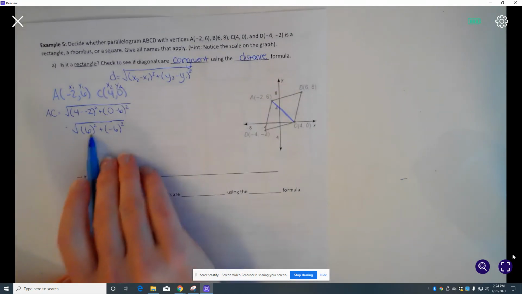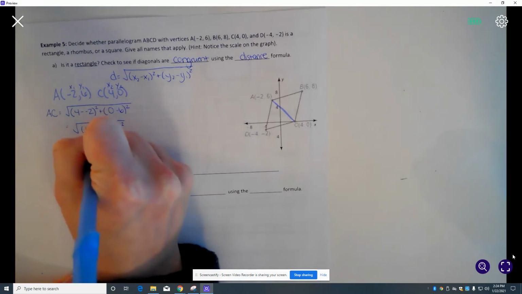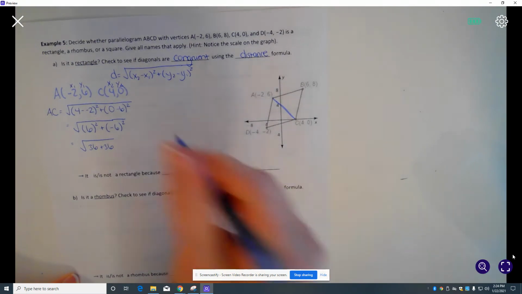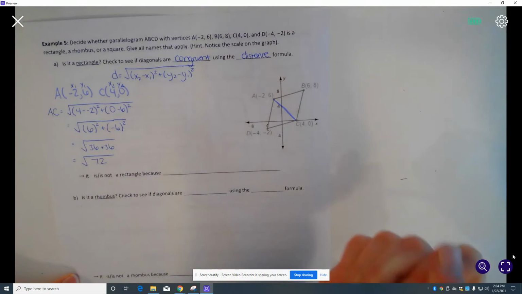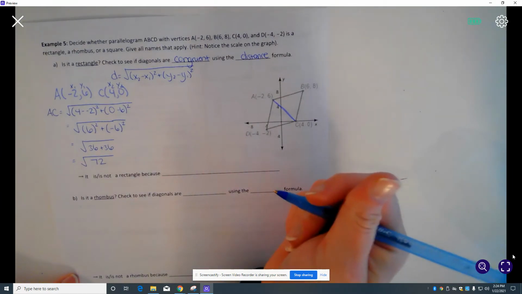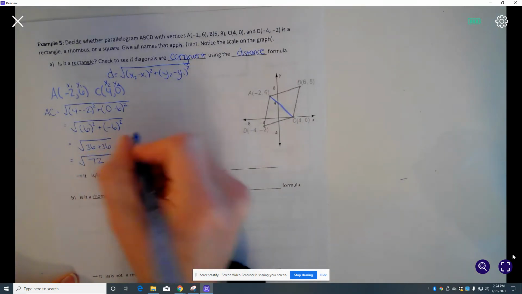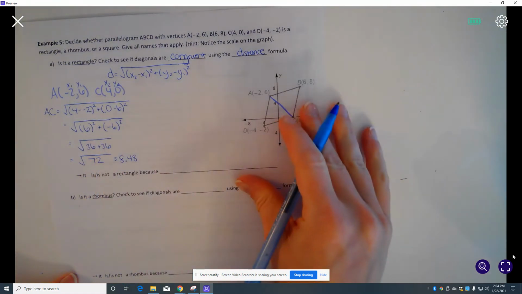I'm going to square these numbers here. 6 squared is 36. -6 squared is 36. 36 plus 36 is 72. You don't have to take the square root of 72, you could leave it like this. But when you take the square root of 72, you get approximately 8.48.